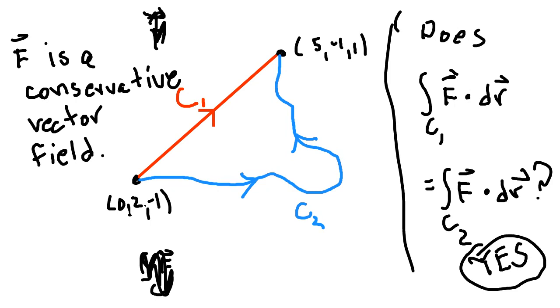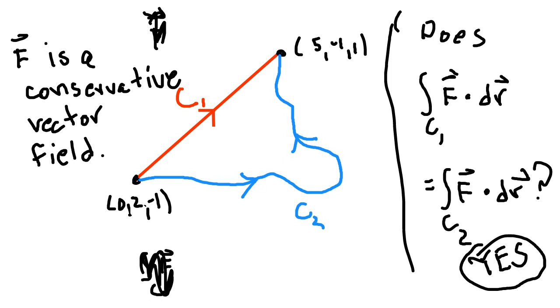All right, that's a very, very important concept that you should get out of section 13.3. Okay, are there any questions? I'll mention, by the way, if the vector field F were not a conservative vector field, then the path would matter.